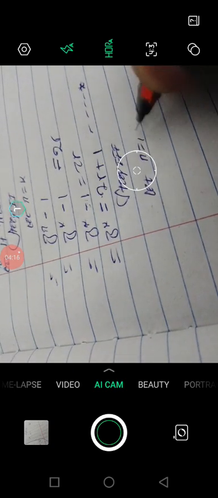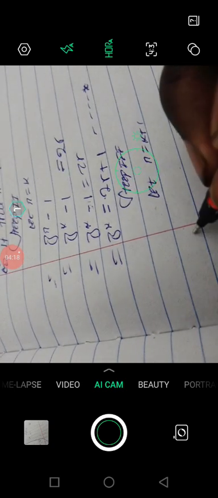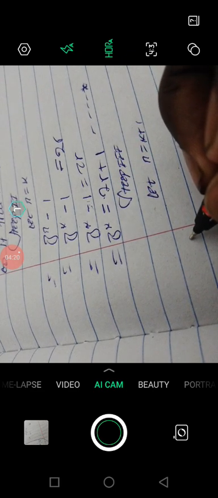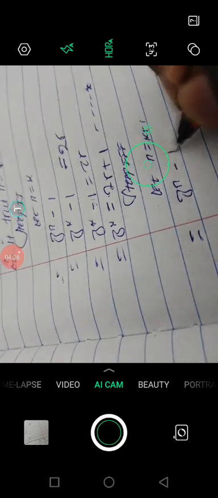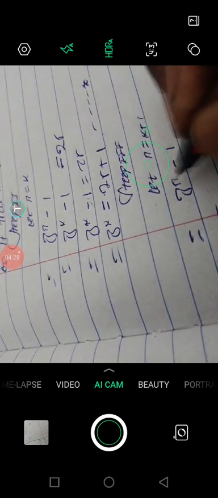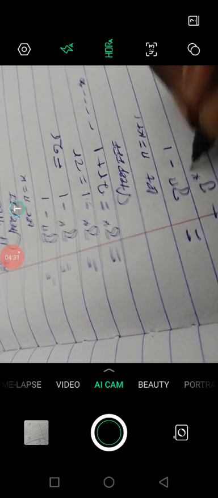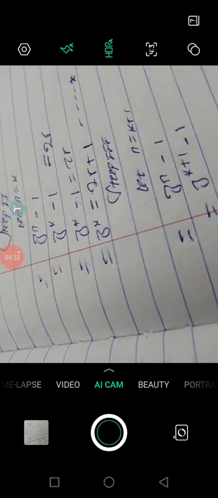Then I say let n is equal to k plus 1. Then I get the same equation: 3 to the power n minus 1, and in place of n I put k plus 1 minus 1.